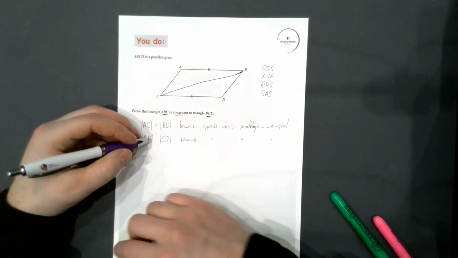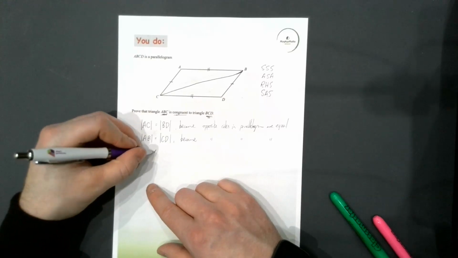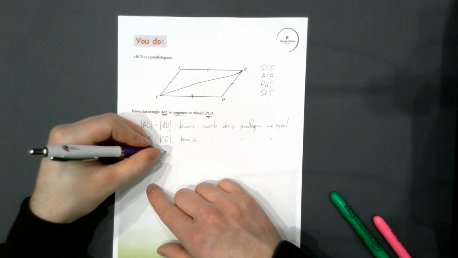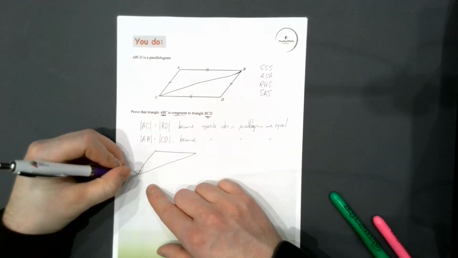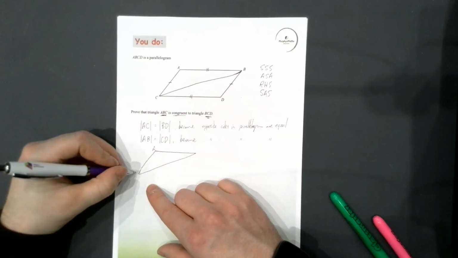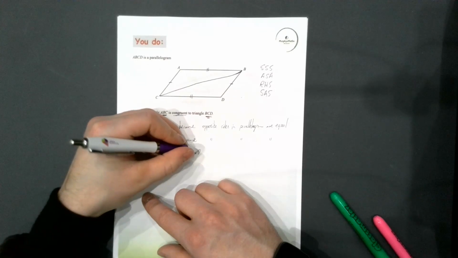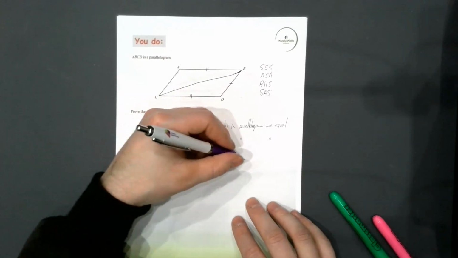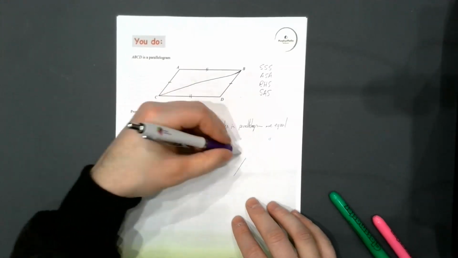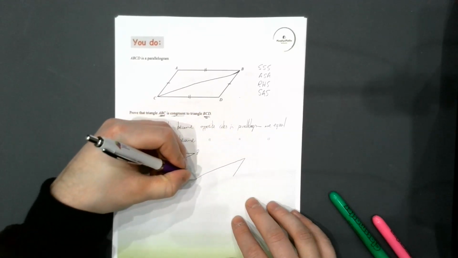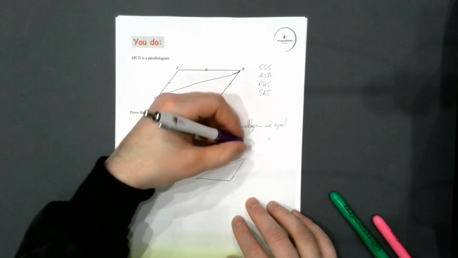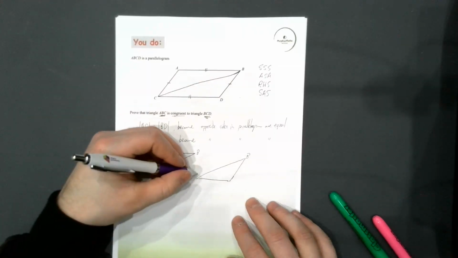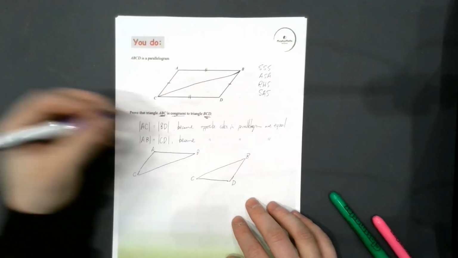Let's redraw them at this stage actually. So this would be A, that's triangle ACB, and this is my triangle B, C and D.